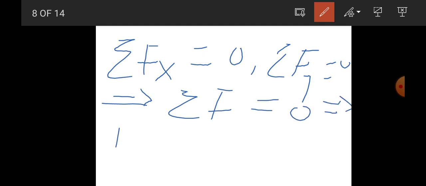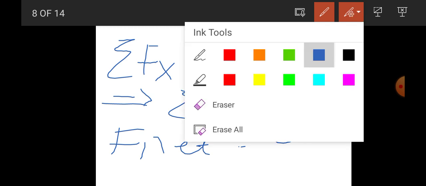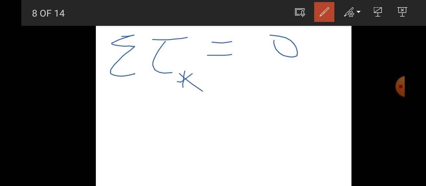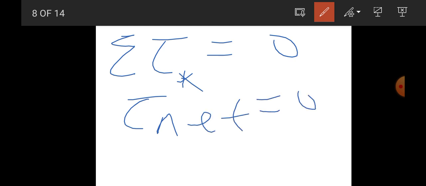This means the net force is 0. This is one criterion, the first condition of equilibrium. The second condition: if the summation of clockwise torque is equal to the summation of anti-clockwise torque, this means the summation of torque is equal to 0. If net torque is equal to 0, the body is said to be in equilibrium.